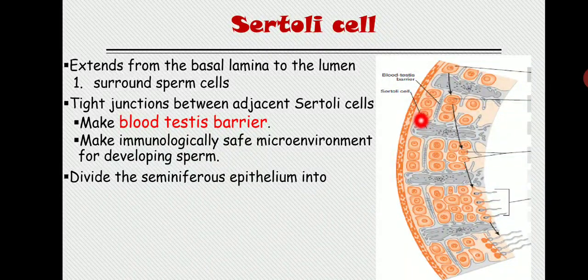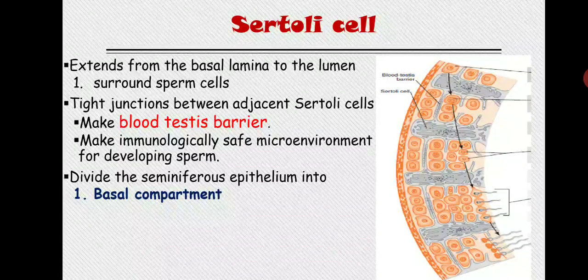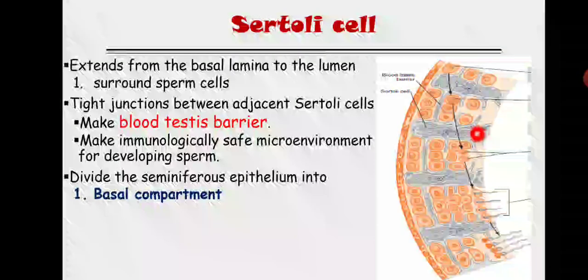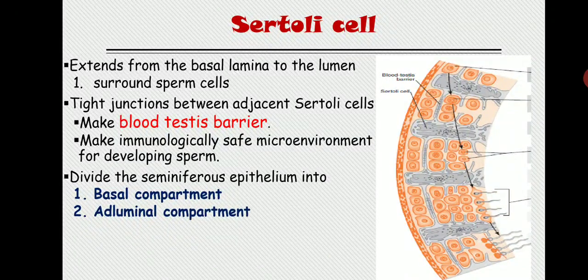The compartment of the seminiferous tubule that is situated toward the basal side is known as the basal compartment, and the compartment that is situated toward the lumen side is known as the adluminal compartment.